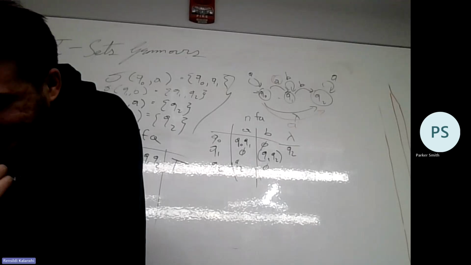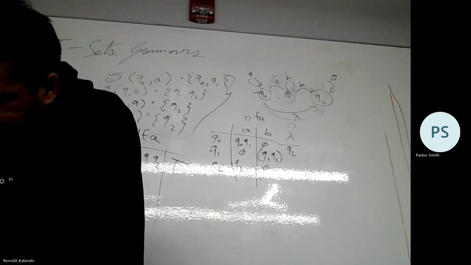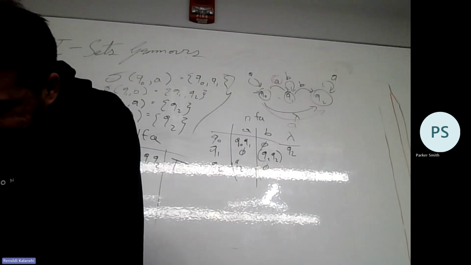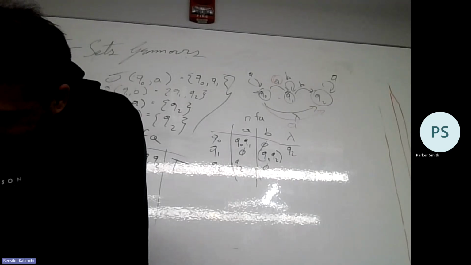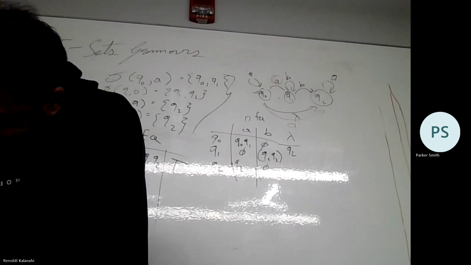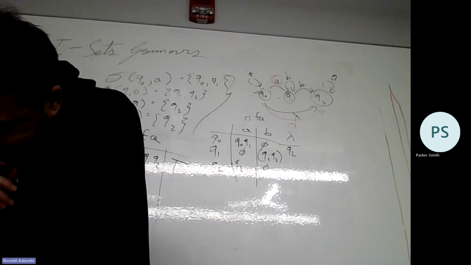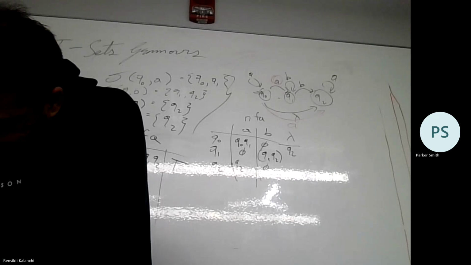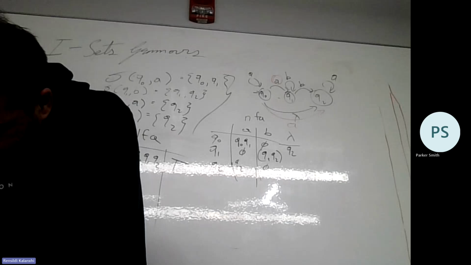But let's say, for example, what example did he do before? I'm trying to look at any other examples that he did. So let's say Q0, Q1, Q2.